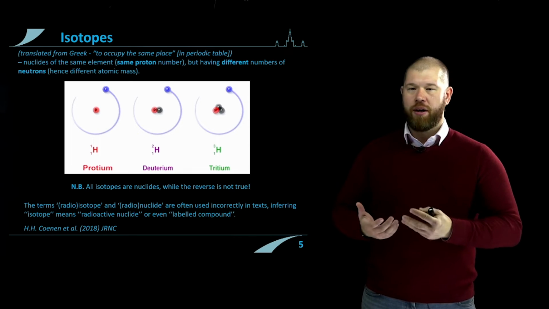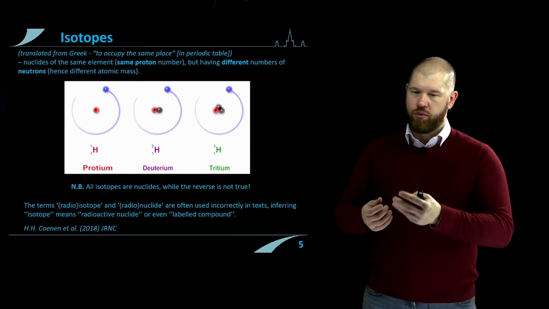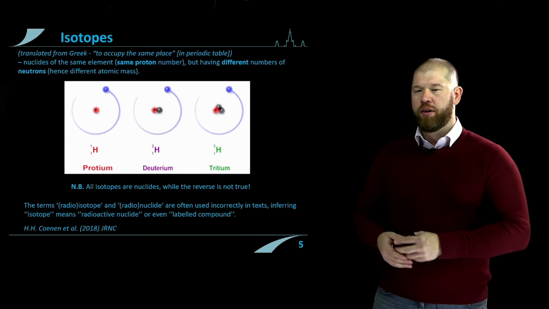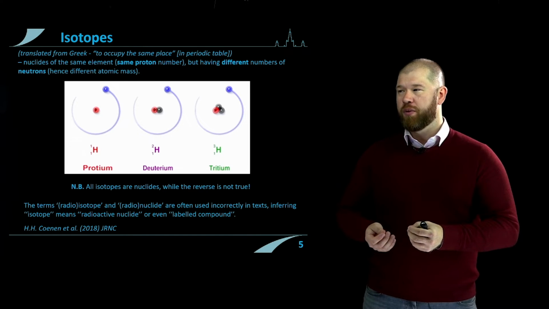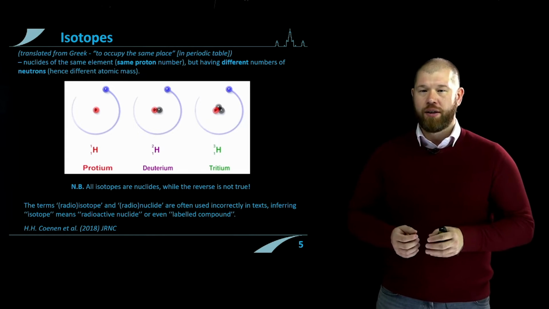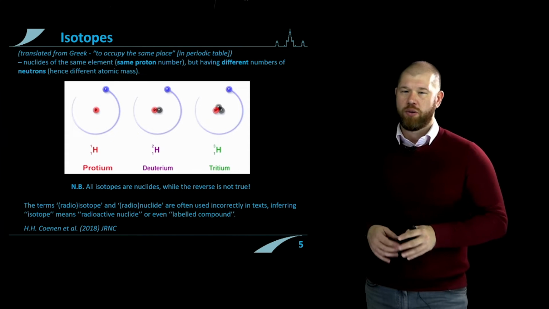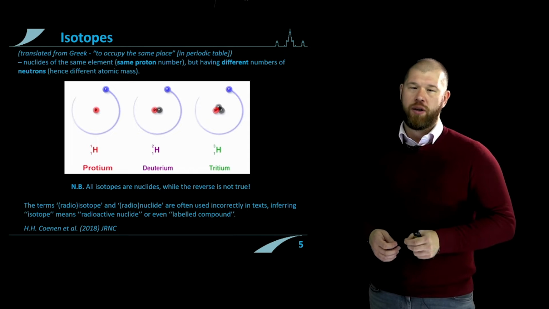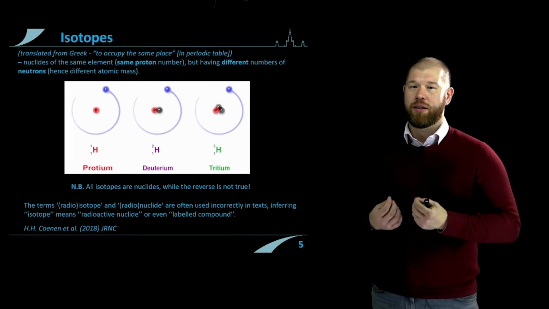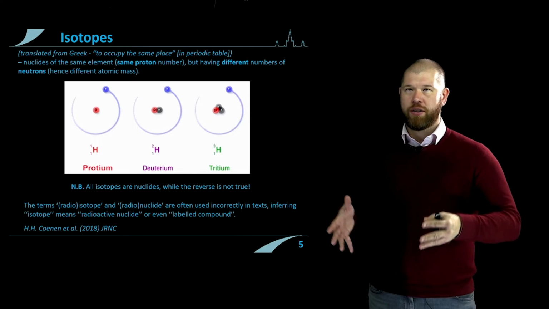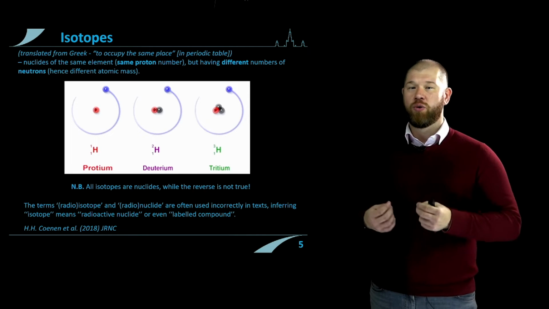And if we add one more neutron, so two neutrons and one proton, then we call this isotope tritium. For example, protium and deuterium are stable nuclides, so they are non-radioactive, but tritium is already a radioactive isotope of hydrogen. So we call the radioactive isotopes of elements radionuclides.